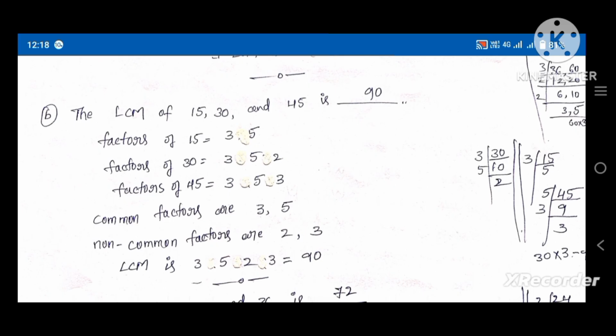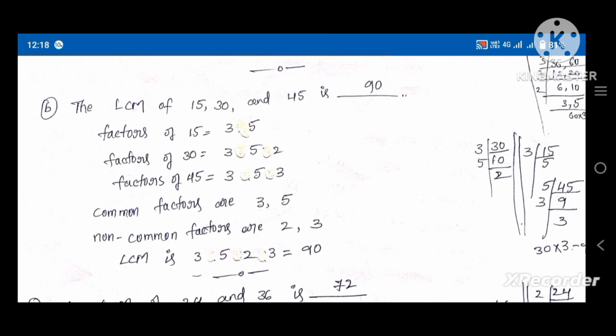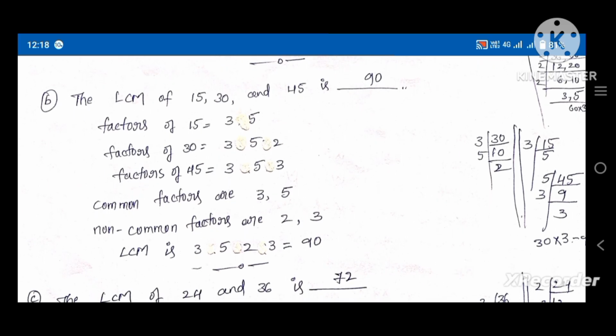Non-common factors are 2, 3. LCM is 3 × 5 × 2 × 3 = 90.